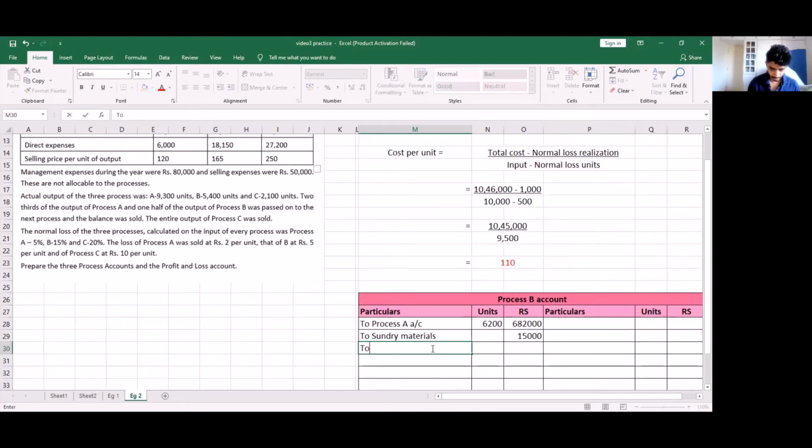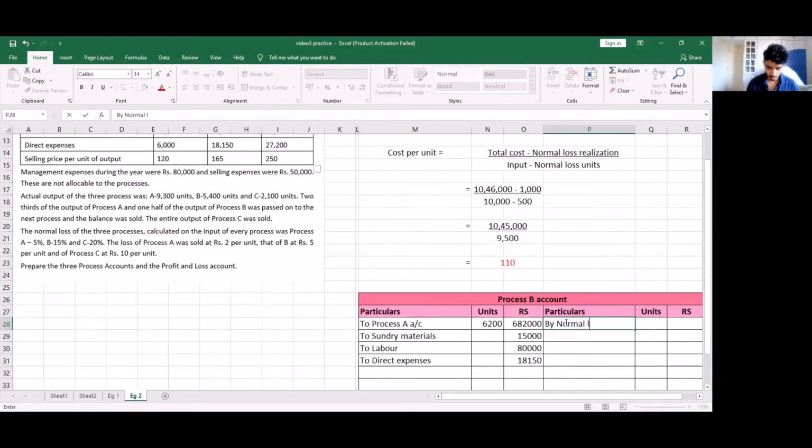We have our labor, 80,000. And finally, our direct expenses, 18,150. With this, we're done with our debit side and we move on to our credit side to find our normal loss.